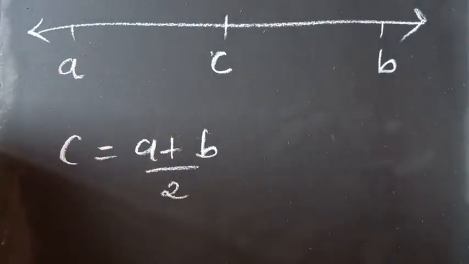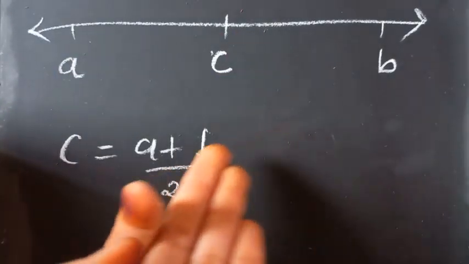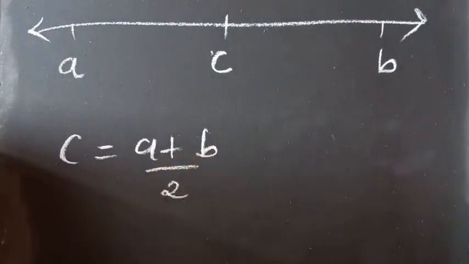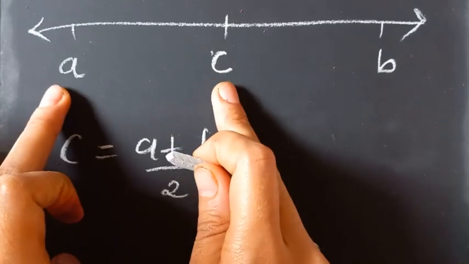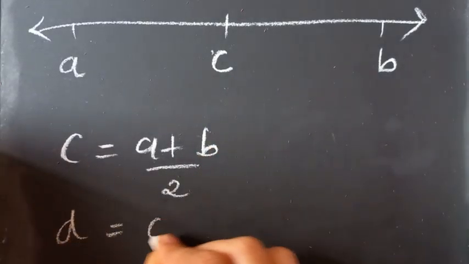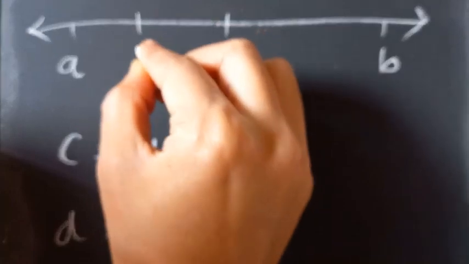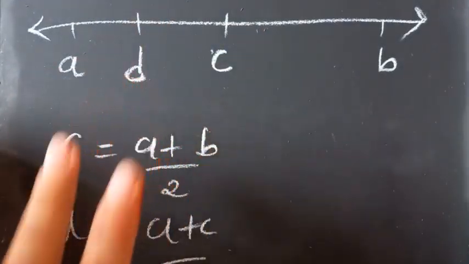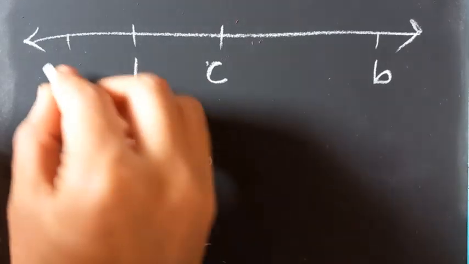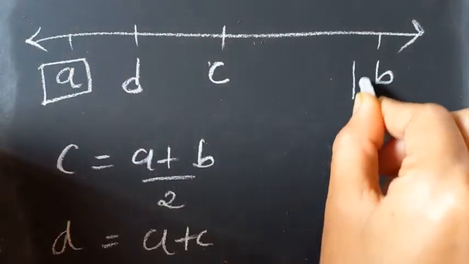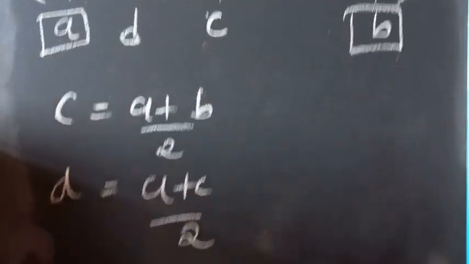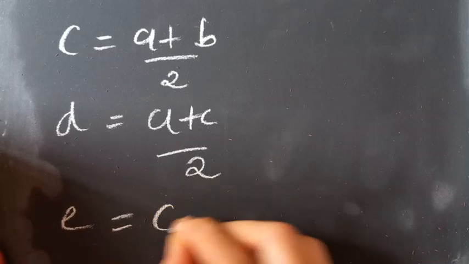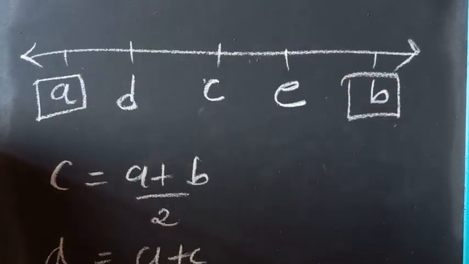Now let's find another by the fast way: we take the mean of a and c. Let's say d is the mean of a and c, so we write d between a and c. Now we have two rational numbers between a and b. Now we take the mean of c and b. Let's say e is the mean of c and b. So now we have 3 rational numbers.